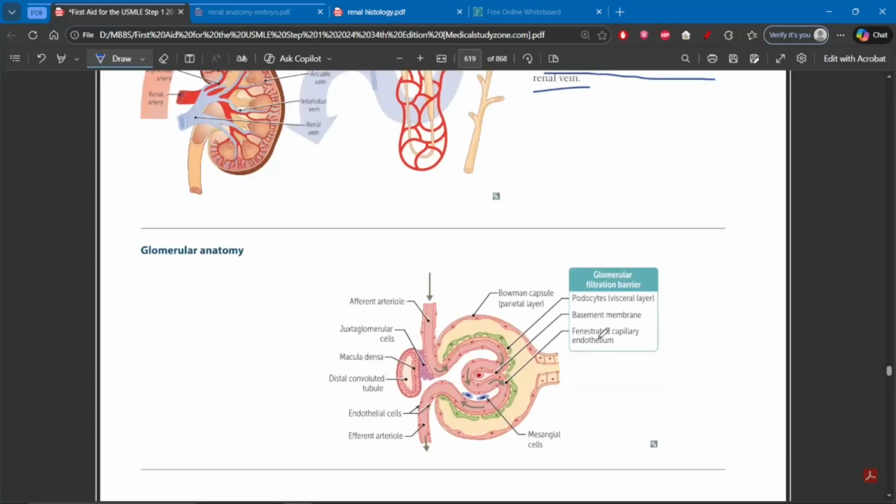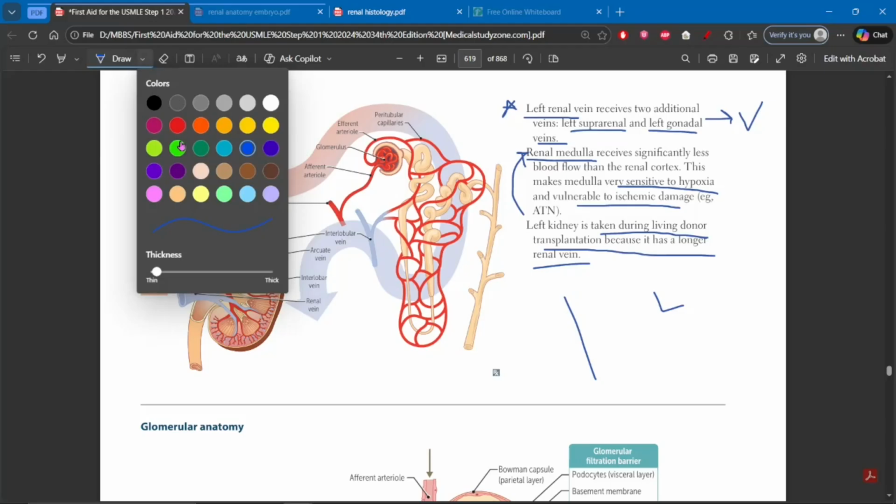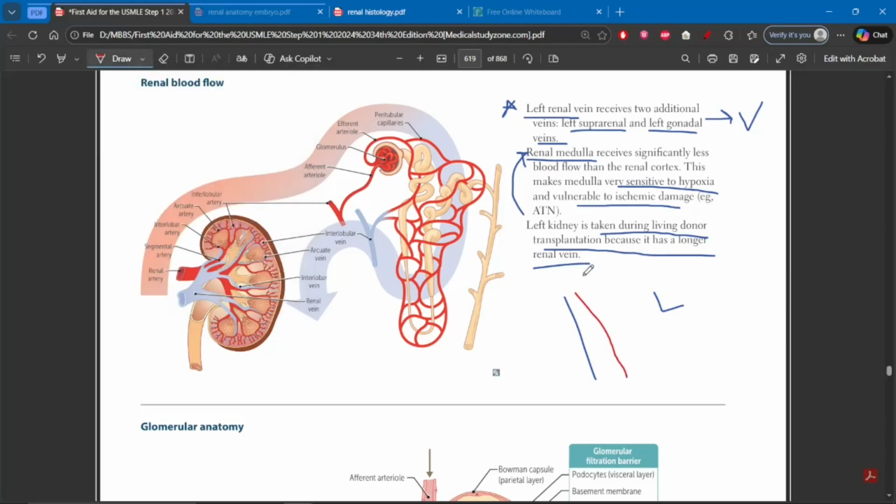Because it is on the left side, there is no picture here, but let's say this is the IVC, and in red this is the aorta, right? So this is the aorta and this is the IVC, the inferior vena cava, and this is the right side.